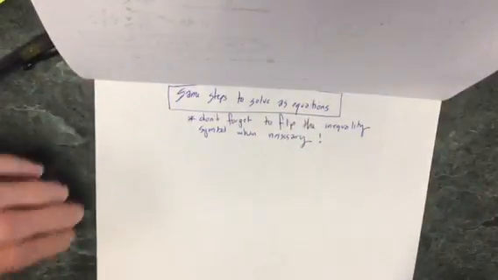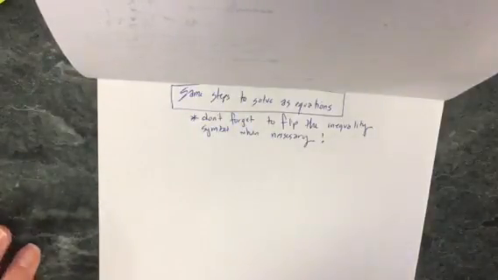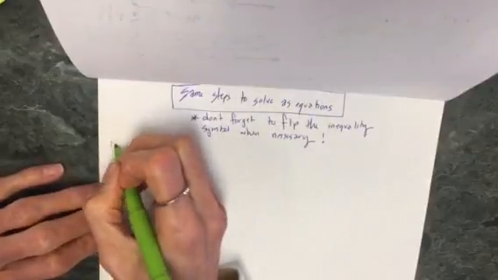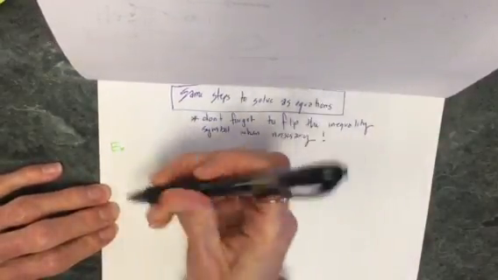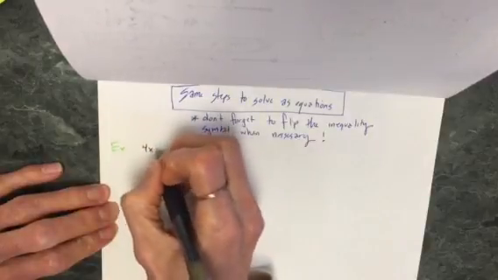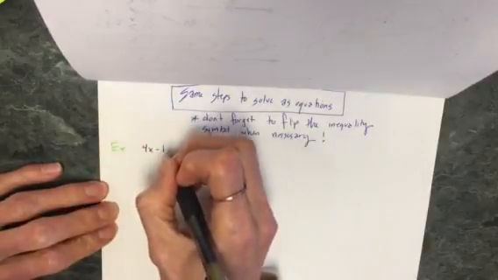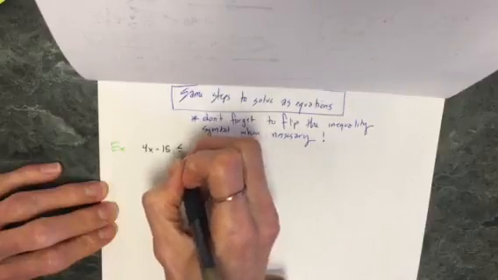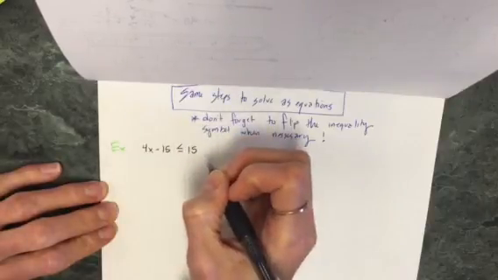Okay, so our first example: 4x minus 15 is less than 5.